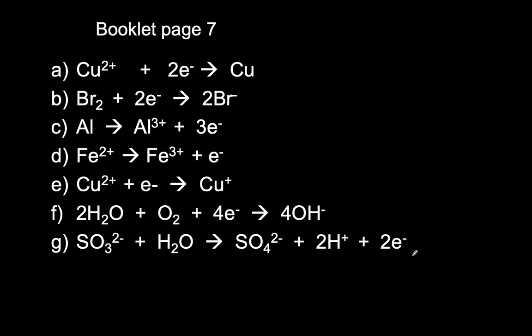Okay, so first up we have copper 2 ions becoming copper atoms. Let's think here. So up at the top I'm going to just write down OIL RIG to remind us. So oxidation is the loss of electrons and reduction is the gain of electrons.